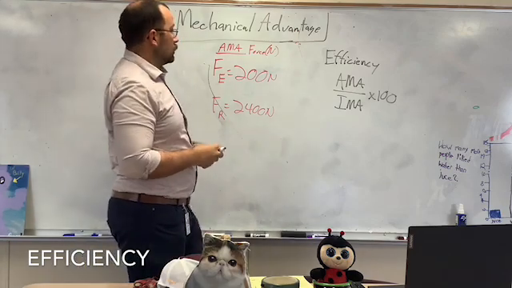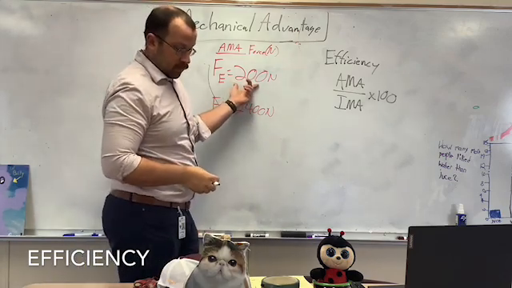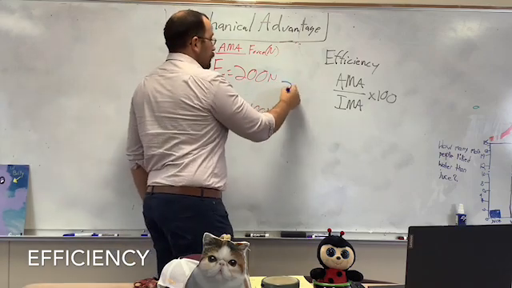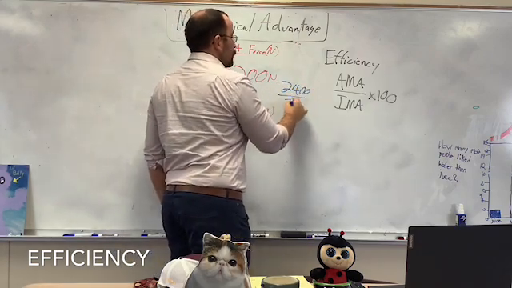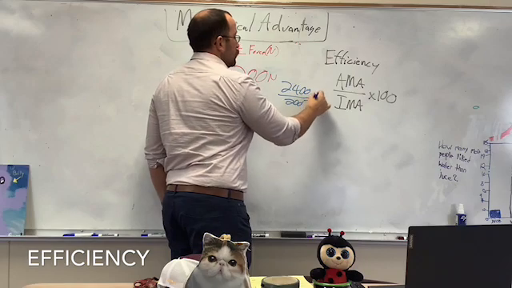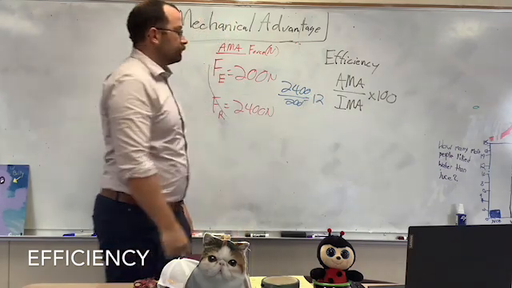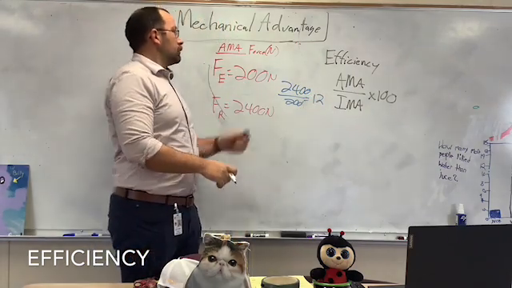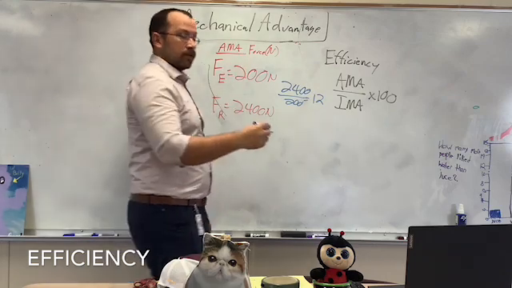So that would be 2400 over 200, which gives you 12. So my AMA is 12.